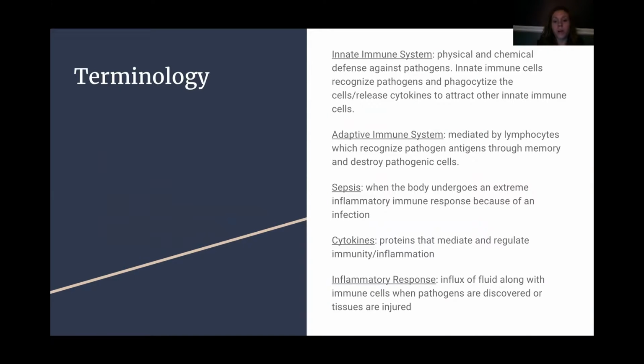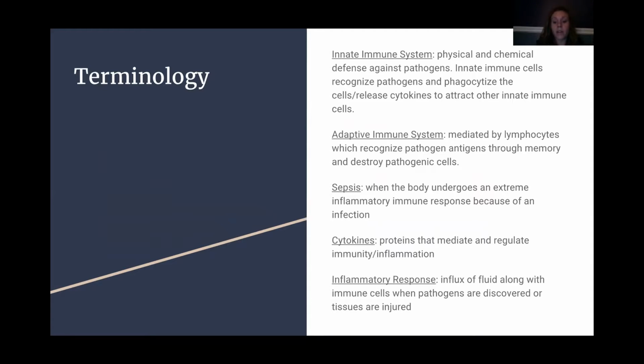Sepsis occurs when the body undergoes an extreme inflammatory immune response due to an infection, and this could be bacterial, viral, fungal, or parasitic, but it's usually bacterial. Cytokines are proteins that mediate and regulate immunity and inflammation.